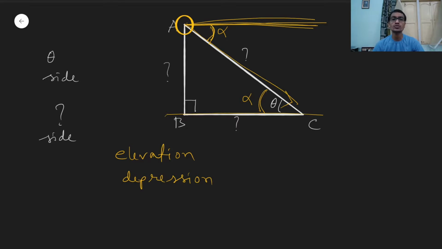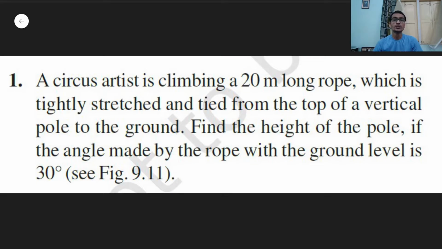So let's go through some examples. We will take some examples from our NCERT book. So let's jump into our examples. Here we will take our first problem. You may find it on your screen.